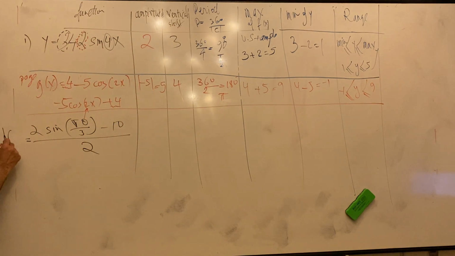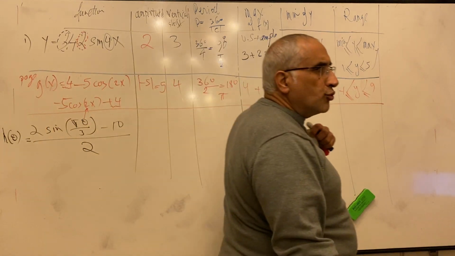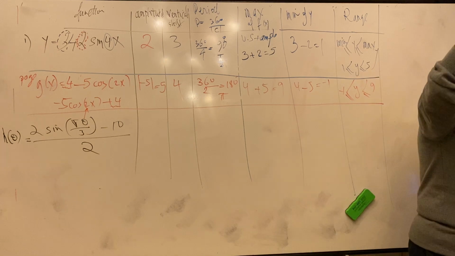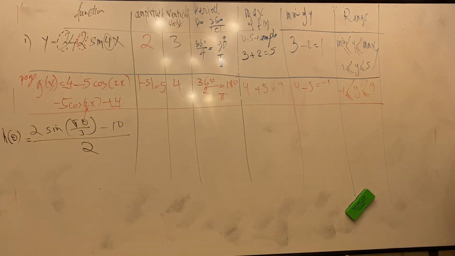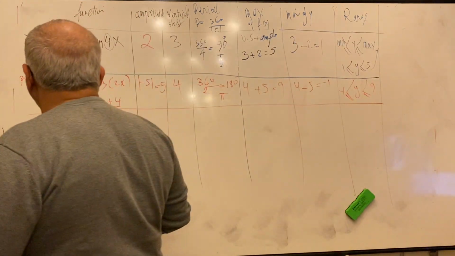And this function is called h of theta. It represents the height of water when it goes high tide and low tide. All right, gentlemen? So, did I cover the question right? Yes.